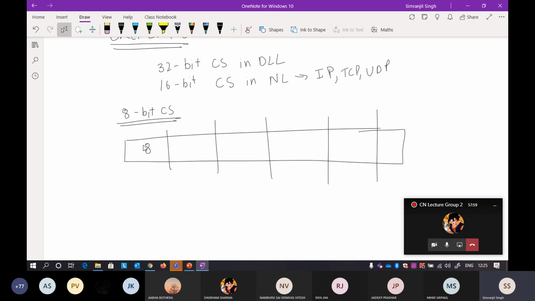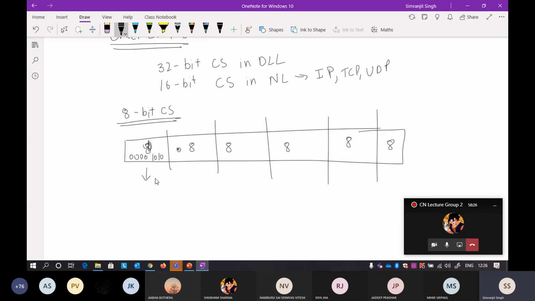One block would be, say, 0 0 0 0 1 0 1 0, something like this. So it contains 8 bits, 8 bits, 8 bits, 8 bits and 8 bits. To calculate the checksum, you just take the cumulative sum of all the 8-bit blocks that are given to you.